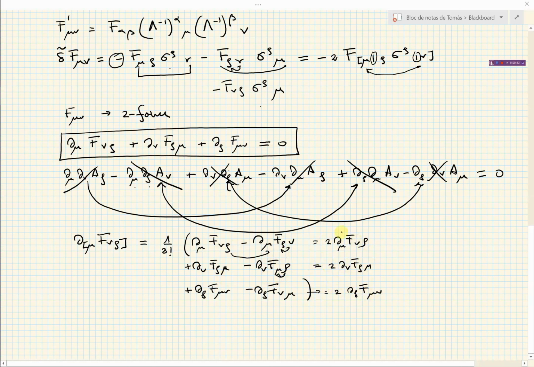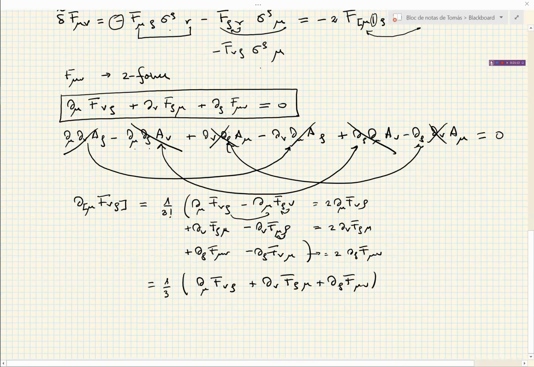So I get a factor of 2 that cancels one of the factors of 2 in the factorial, and this becomes 1 over 3, and this plus partial rho F mu nu, these cyclic permutations. Now if I multiply this by 3, I get that what I have written here is just 3 times partial mu F nu rho.